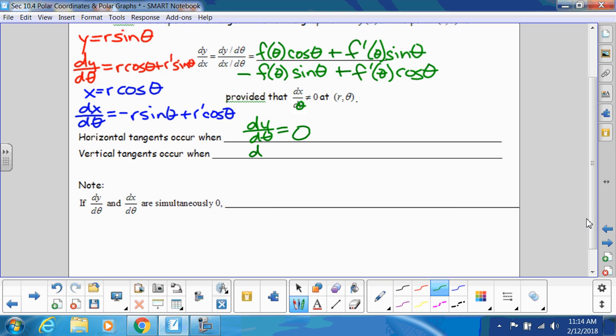So that would be when dx/d theta equals 0. If dy/d theta and dx/d theta are simultaneously 0, then no conclusion can be made. Then we really have to look at the graph. No conclusion can be made about the tangent lines anyway.